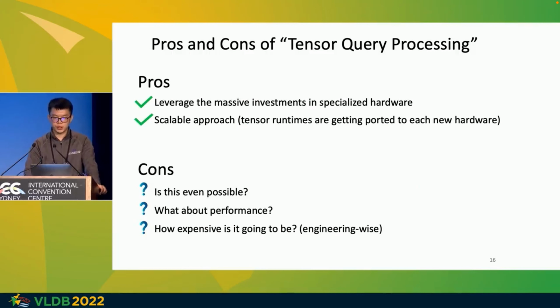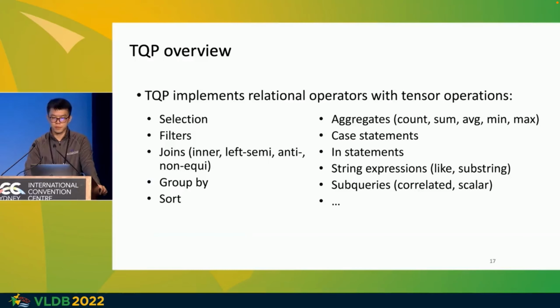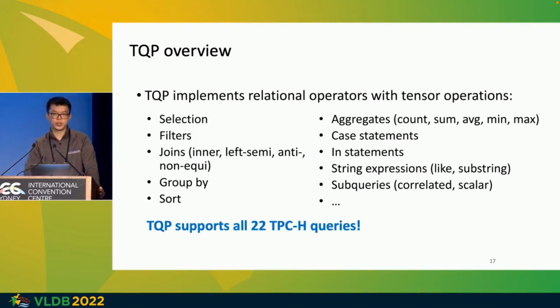Now let's try to answer the open questions we have one by one. Is this even possible? So TQP implements all common relational operators with tensor operations: selection, filters, join, including non-equi join, group by aggregates, and so on. The operators help TQP to support all 22 TPC-H queries.